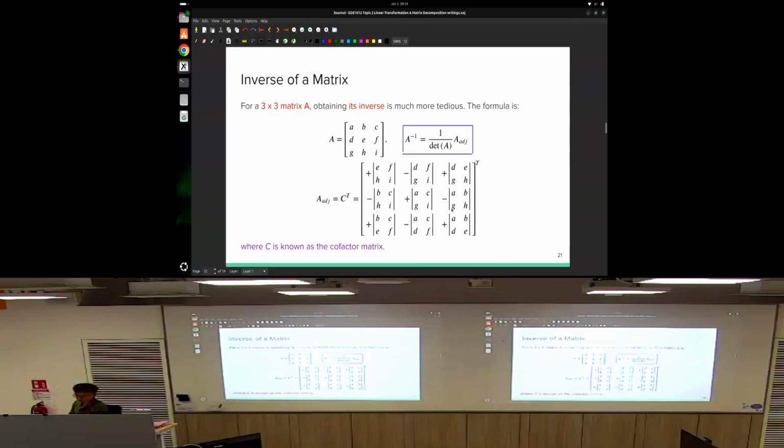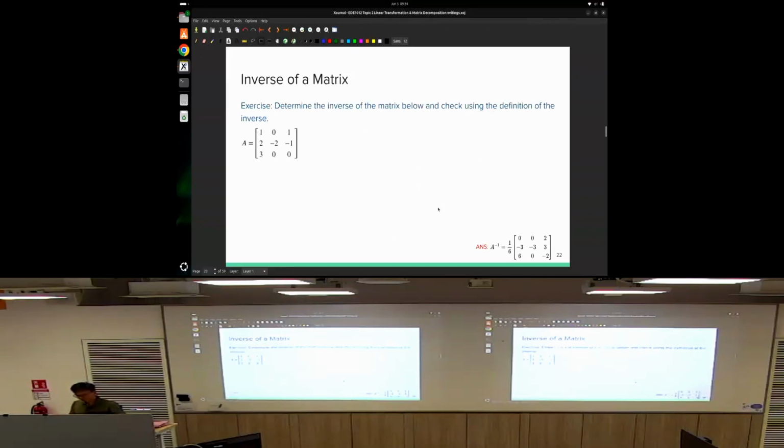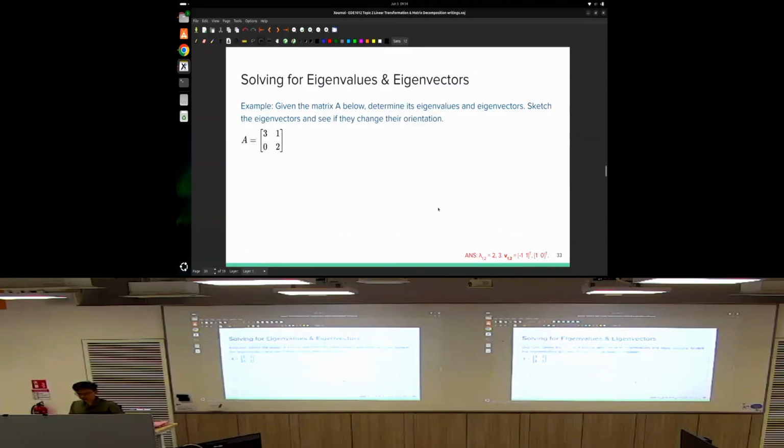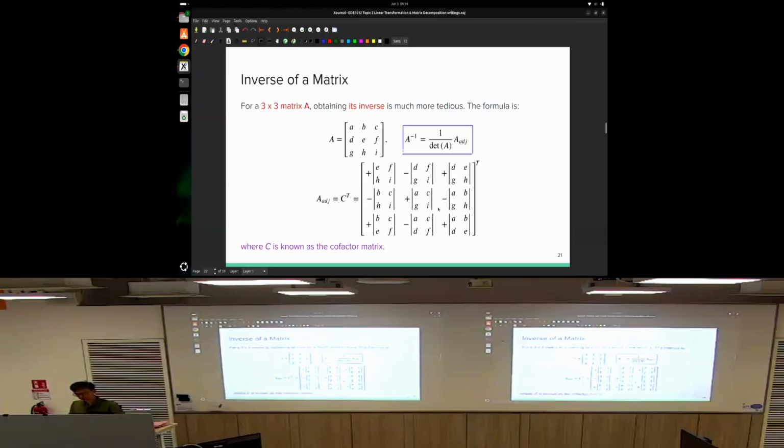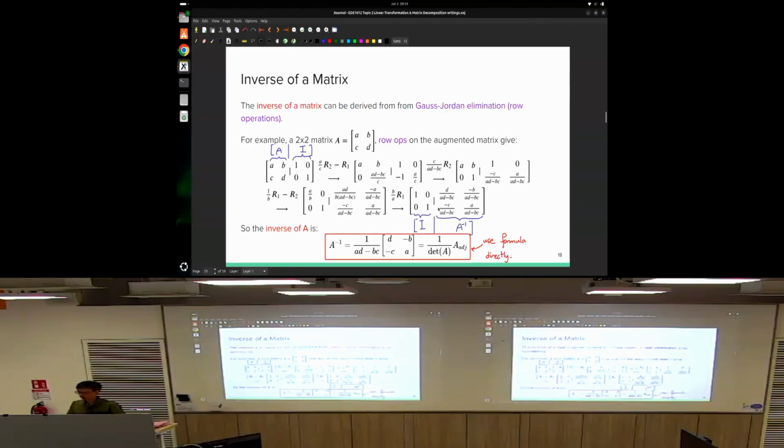Okay, so how did this thing come about? Matrix inverse. If you perform row ops on the matrix to find the inverse, which I think I never show here because it's too long, not important. If you do the same row ops as what is given here, but just that your matrix A is 3 by 3, then after a very long, tedious process, you will realize that your A inverse has this form.